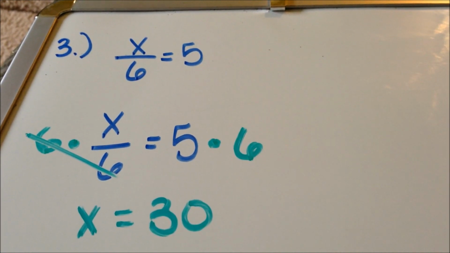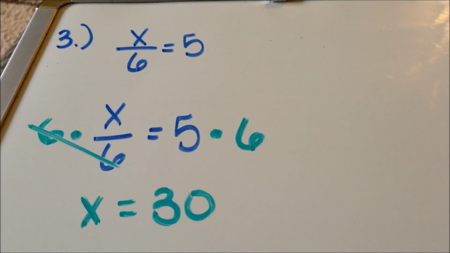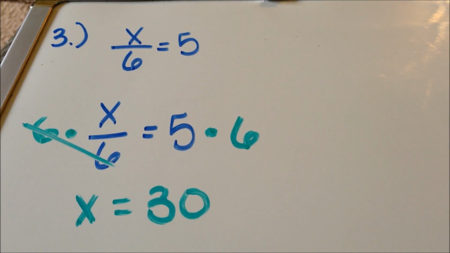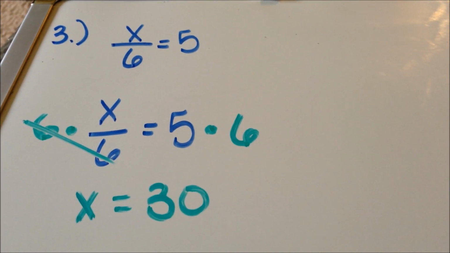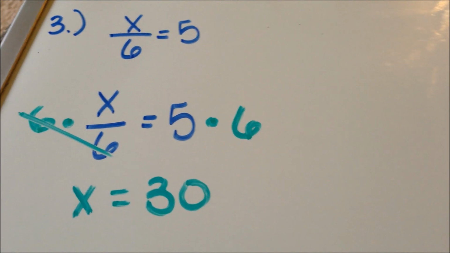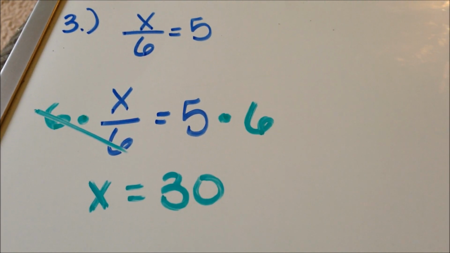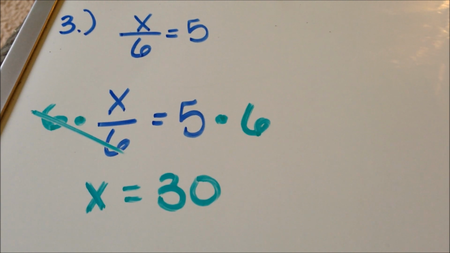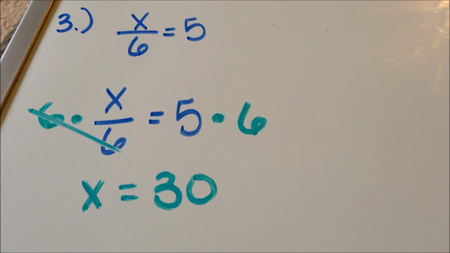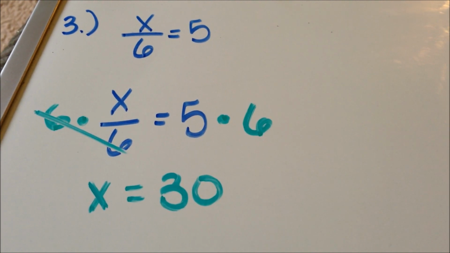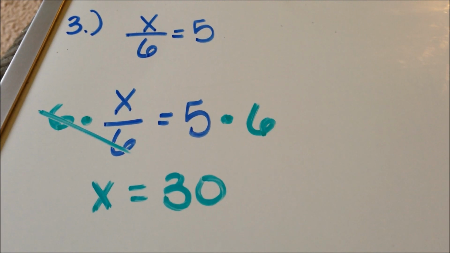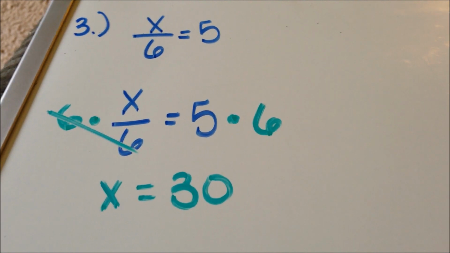The opposite of division is multiplication. We have to multiply by 6 on both sides of the equal sign to maintain the balance, and we end up with x, because the 6 over 6 cancels and becomes a 1, equals 5 times 6, which is 30.